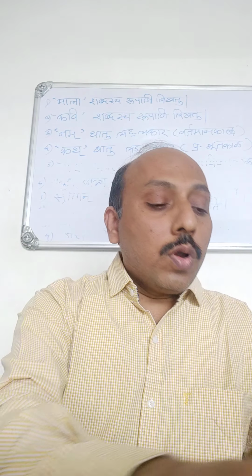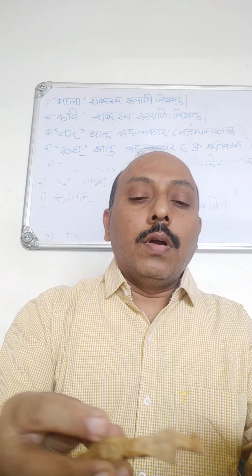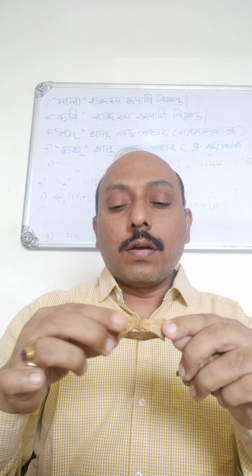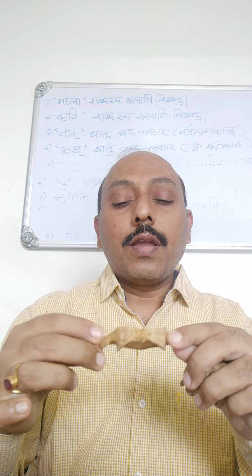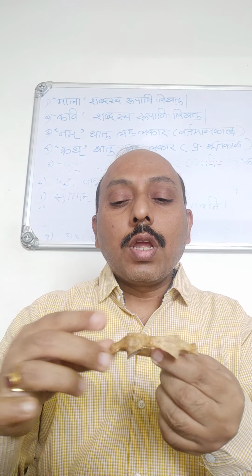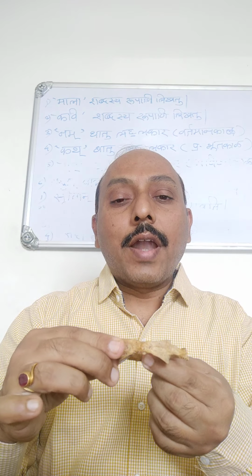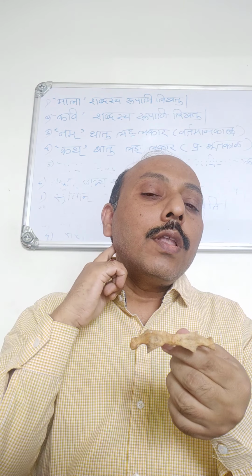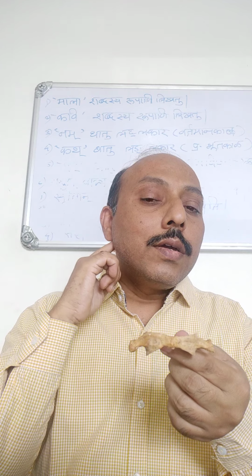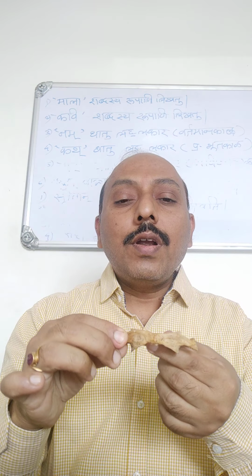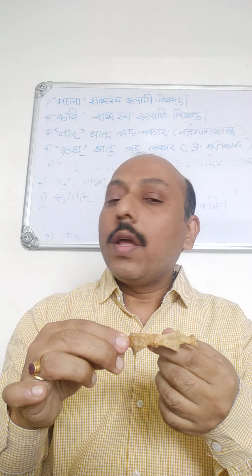Now about the first cervical vertebra, bilaterally we see the transverse process. This portion is sometimes elongated, and we can feel it on the neck surface between the mandible and the mastoid process. It acts as a lever for the rotatory movements of the neck.